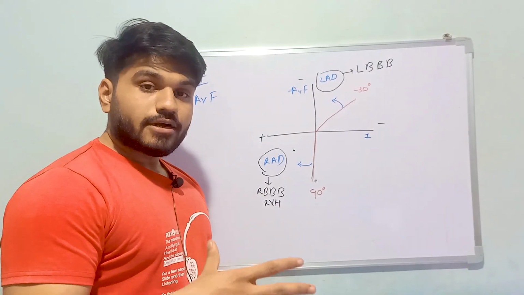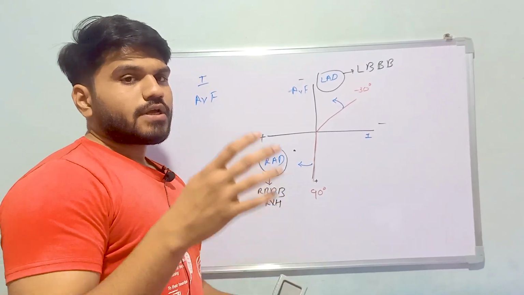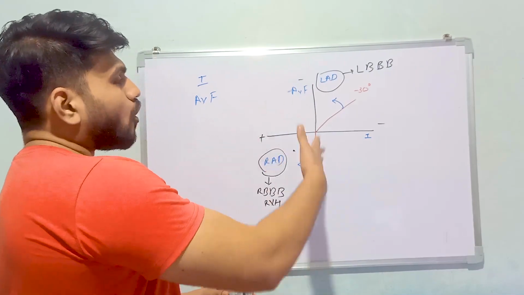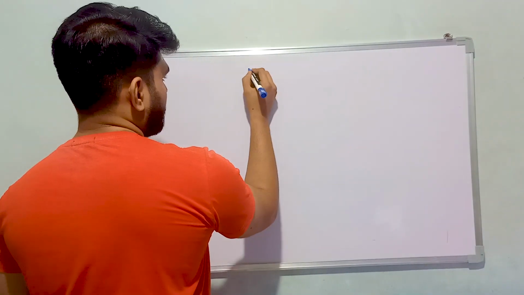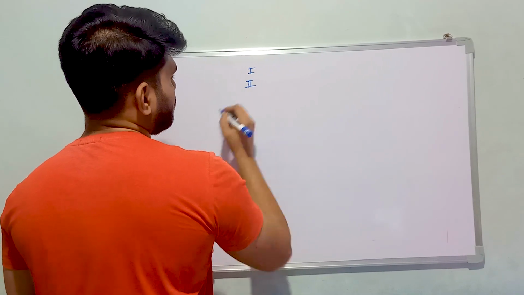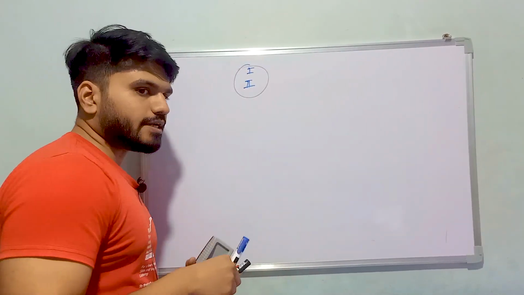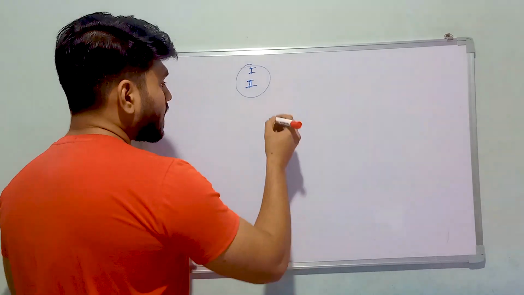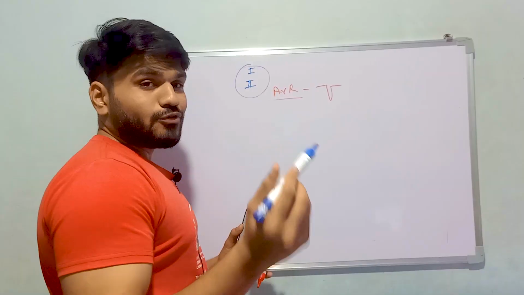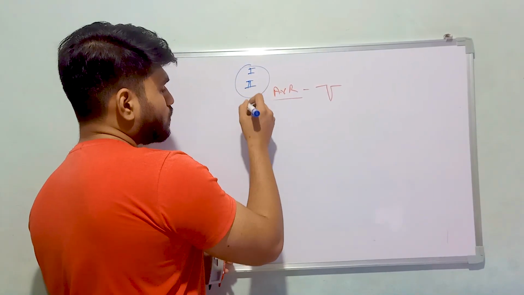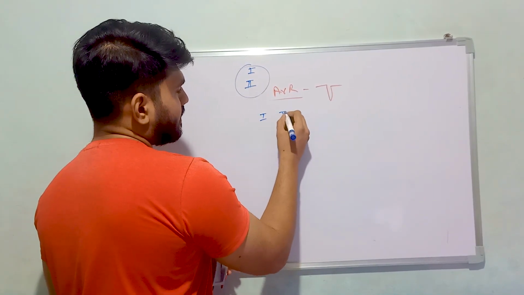Now there is a quick method to identify the axis deviation, and you will not require to do all of this. I'm going to show you how. You just have to look at lead 1 and lead 2. These only two leads will tell you a lot of things. First you will look at AVR. AVR should be on the negative side. Then you will move forward and look at lead 1 and lead 2.